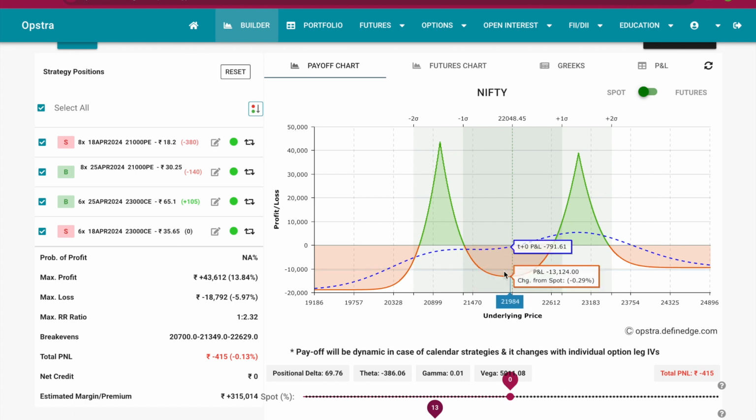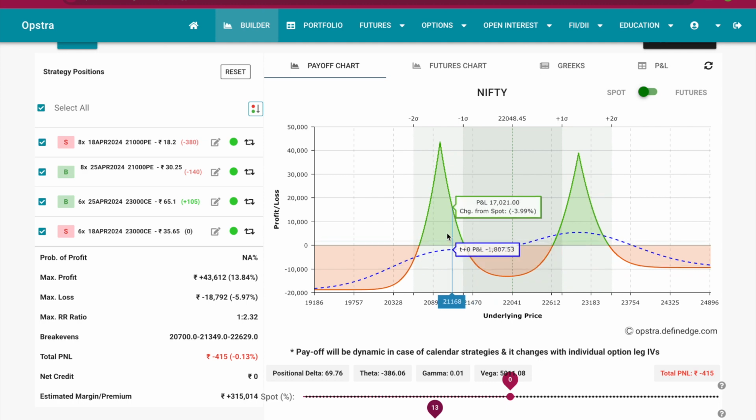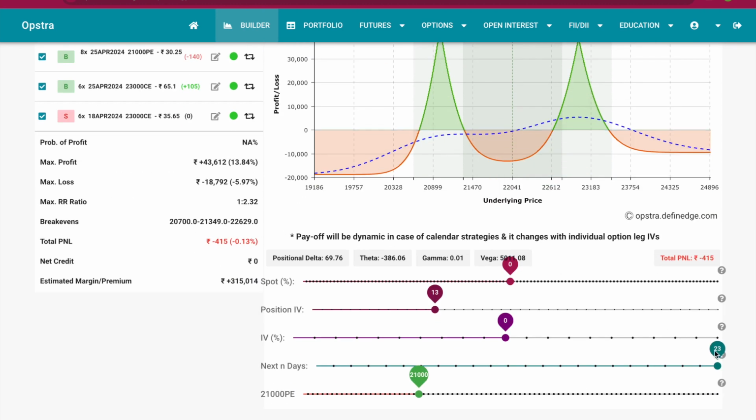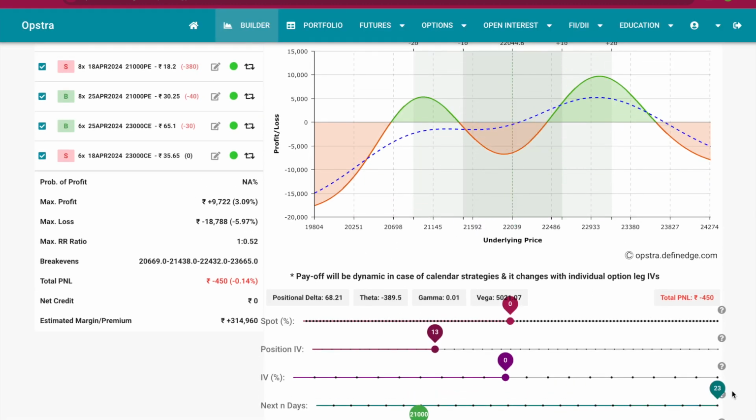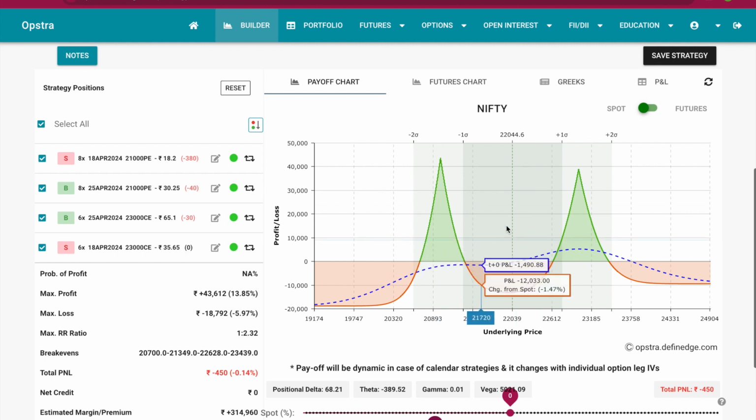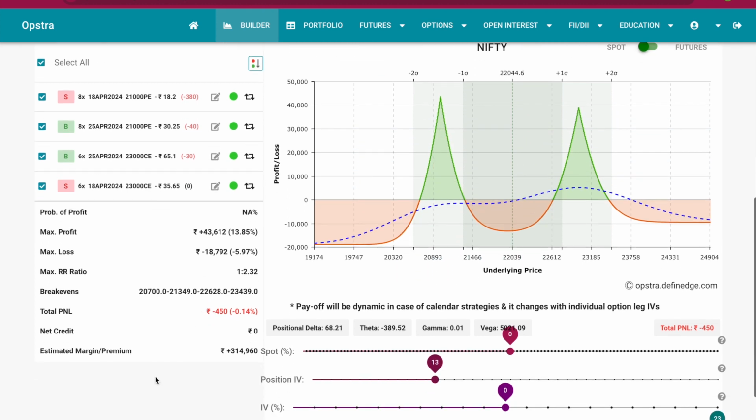In the center there is a loss of 12-13k, and then here there is a profit. But if we do these intermediate levels, we will always be in profit. I think this is a good strategy. We can go with 8 lots and 6 lots, and the estimated margin in the premium is 3.4 lakhs.